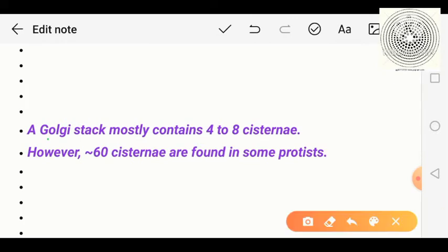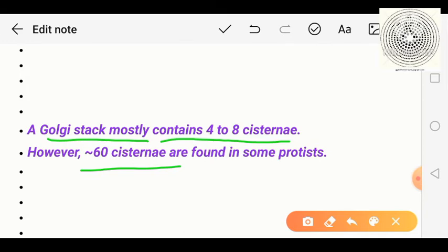So a Golgi stack mostly has 4 to 8 cisternae. In most cells, the Golgi complex comprises 4 to 8 cisternae stacked over each other. However, sometimes approximately 60 cisternae are also found in certain protists.